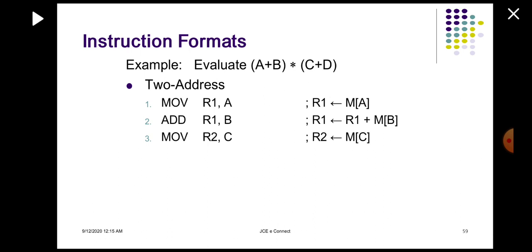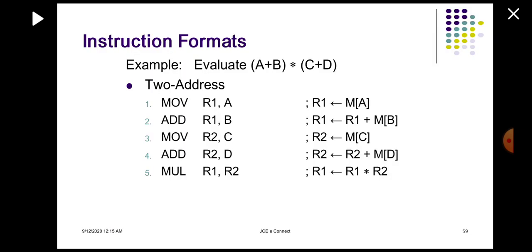Then MOV R2, C: we are taking C's contents into R2. ADD R2, D will add the contents of C and D. Then we can use multiplication of R1, R2. So this is the two address instruction sequence to evaluate this example. The result of this multiplication will be stored back in R1.